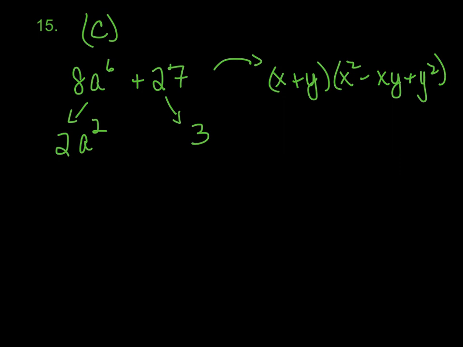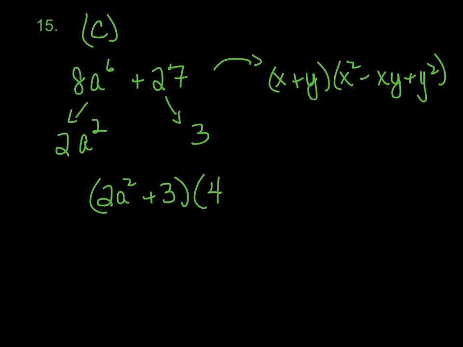So if I wanted to factor this, then I would take the first term, and I would add to it the second term, and then I would take the first term, which remember is the 2a squared, and I'm going to square that entire quantity.